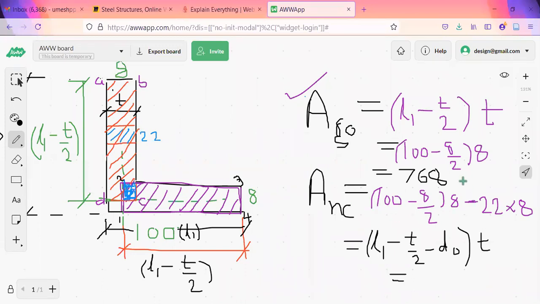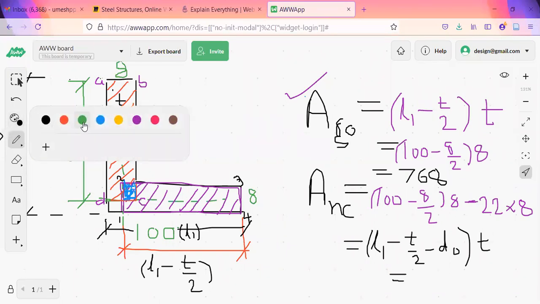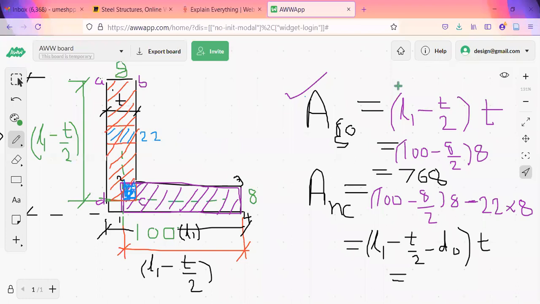If you look at this formula here, whatever I am trying to explain, you observe again. I have written the same formula here also. The reason is it is an equal angle. If unequal, then the 100 would not be there, it may be 90. So here I have to subtract the area of the hole.